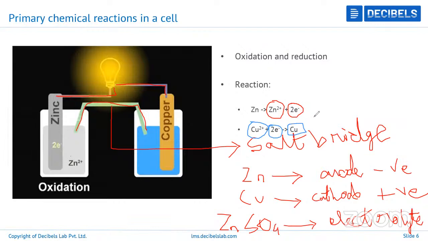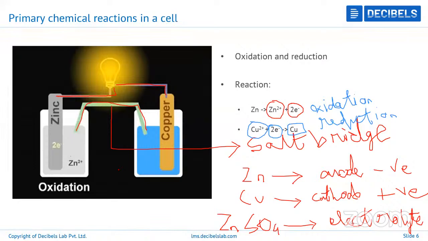These are the simple reactions that take place. This is oxidation, and this is reduction. These are the different reactions that occur inside a cell.